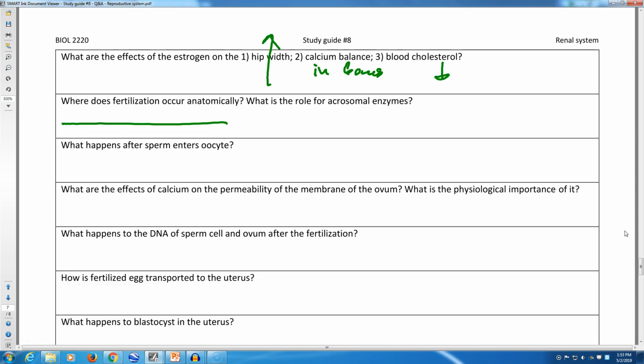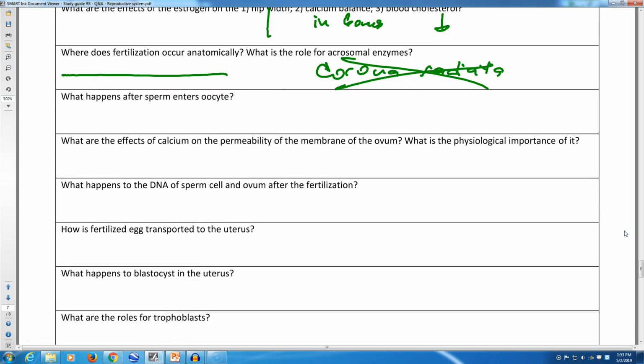Fertilization anatomically occurs in the fallopian tubes. Acrosomal enzymes dissolve the corona radiata. When sperm enters the oocyte, the cortical vesicles are released, and they completely ablate permeability of the membrane of the ovum.